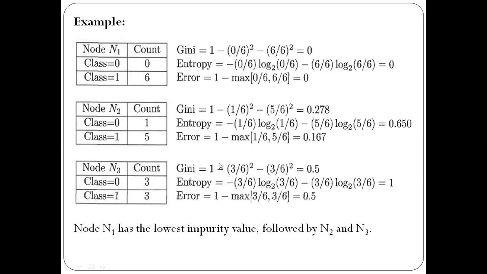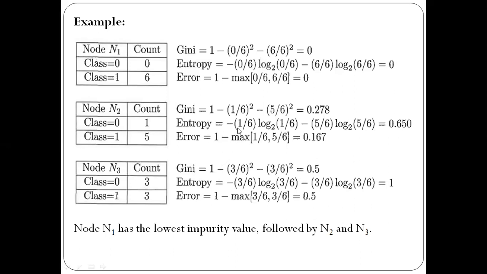So this is the sequence where we have found the different measure values. Here, node N1 has got the lowest impurity because it has got the lowest values, followed by node N2, and then node N3.